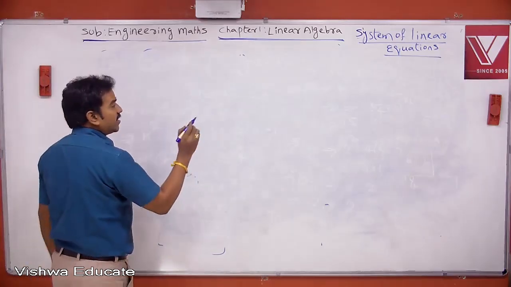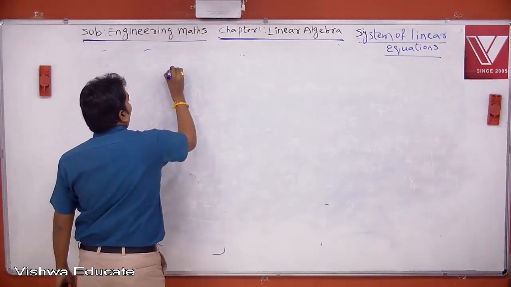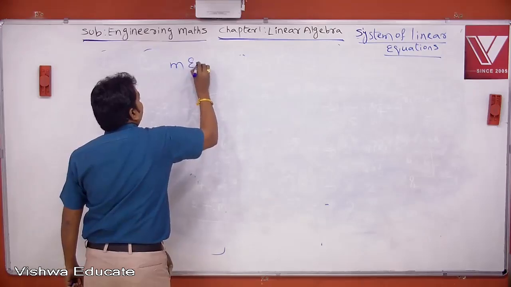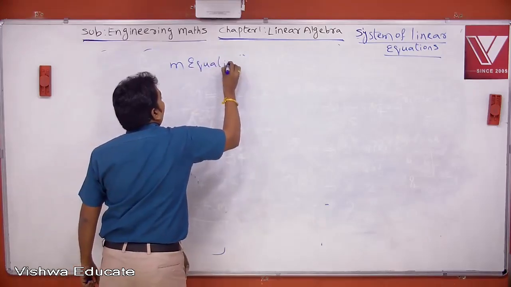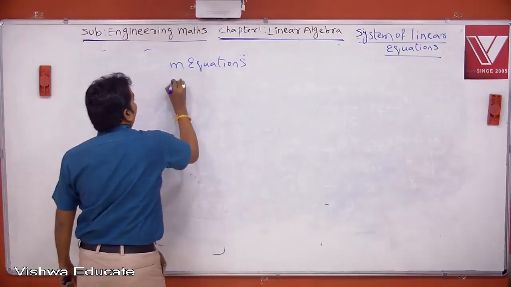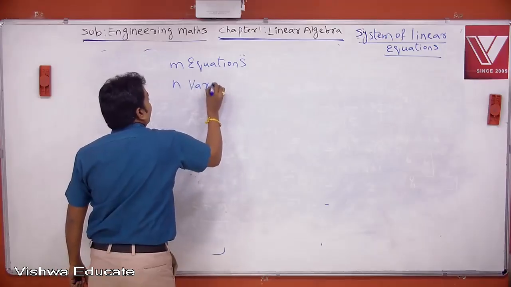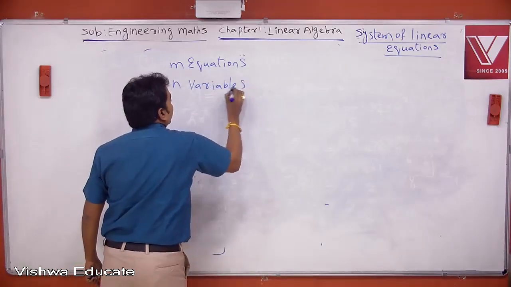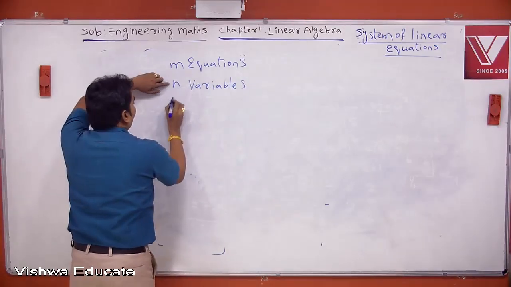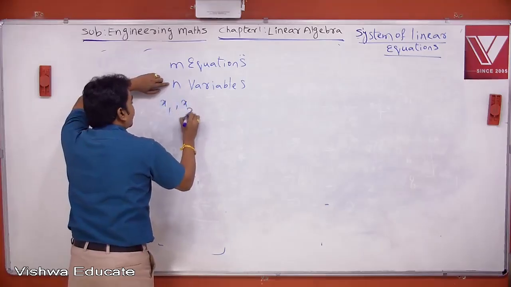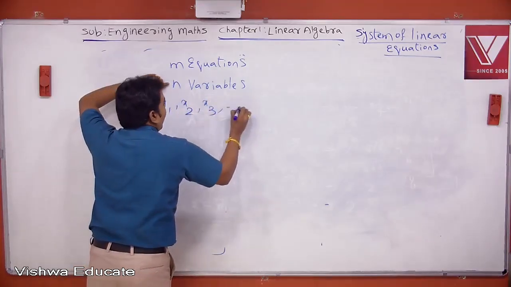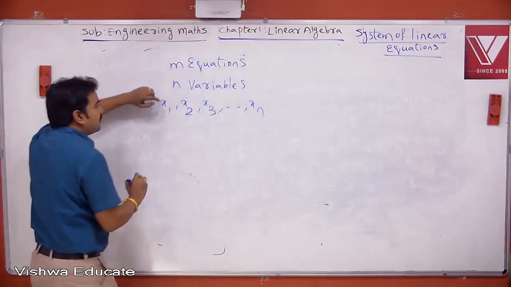What do you mean by linear equation? Suppose I have m equations involving n number of variables. Assume that those n variables are, for example, x1, x2, x3 and so on, xn.